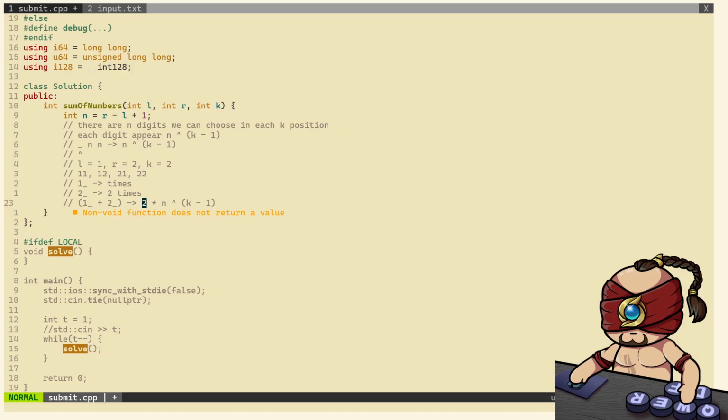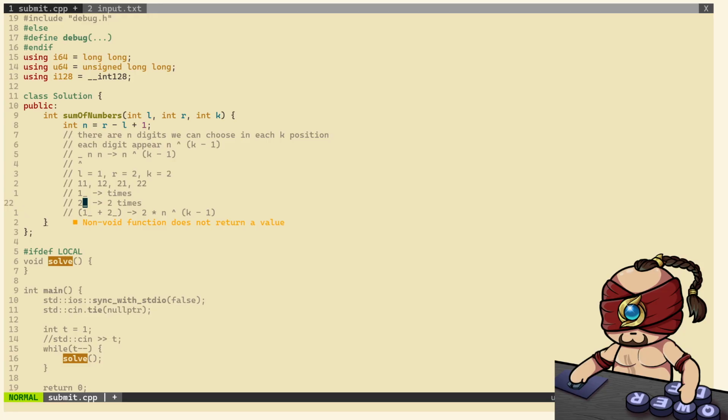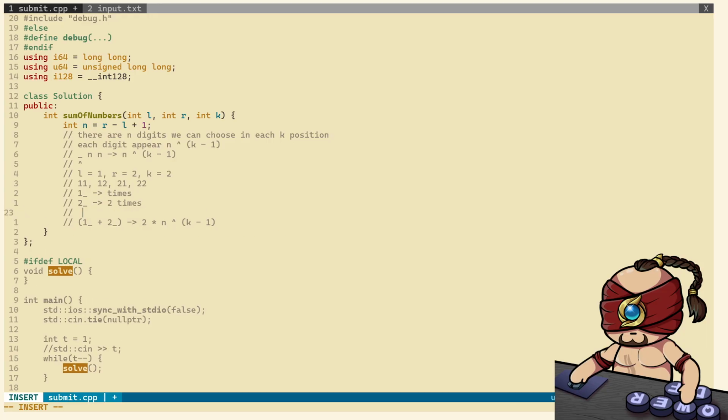The last piece, I think what I'm missing is the last piece of this thing.